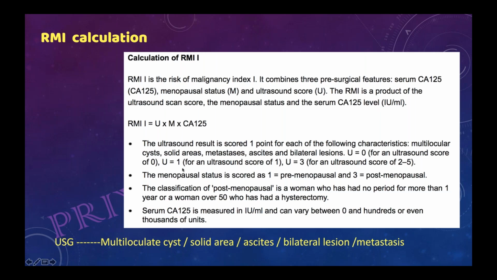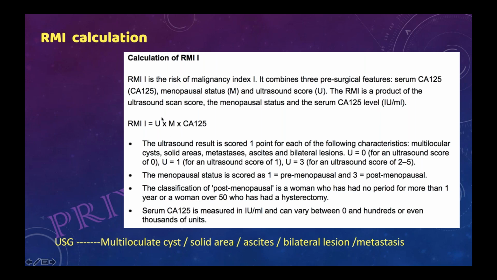Most people sometimes make mistakes here, so it is important to learn. Now if your patient is premenopausal, then M is 1, but if she is postmenopausal, then it is 3. So you can see the criteria are 1 and 3, and 1 and 3. And CA125 is the value, no problem there.